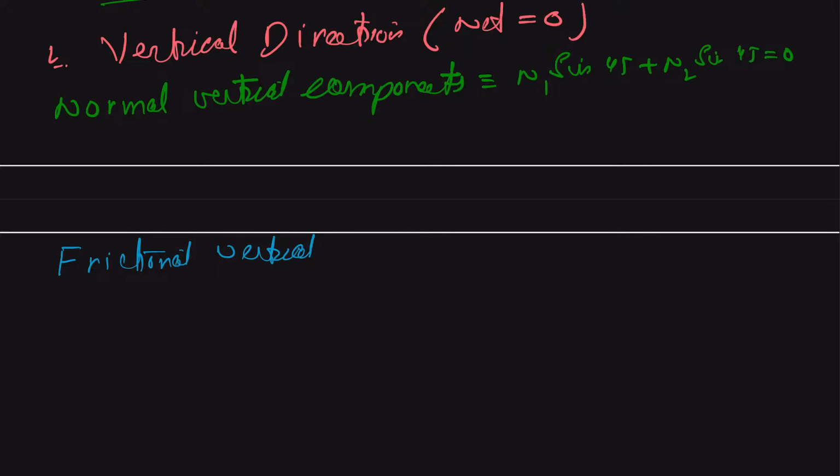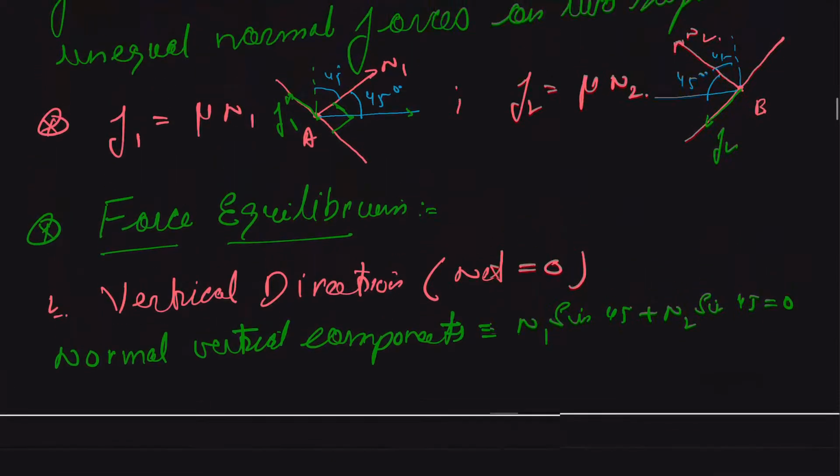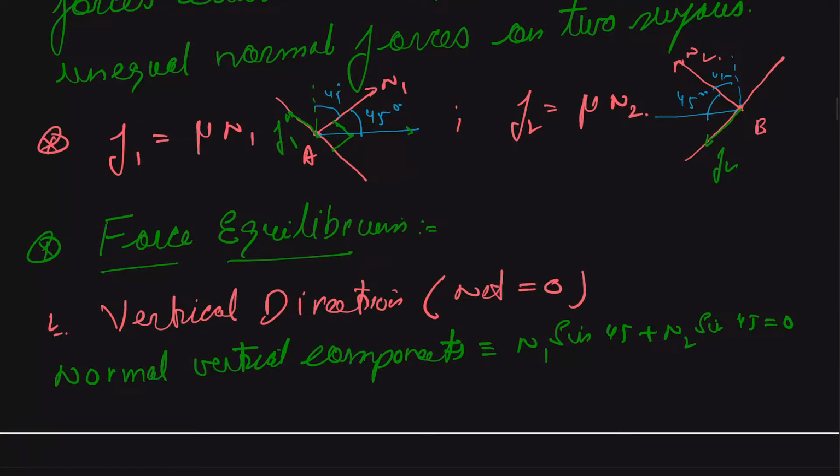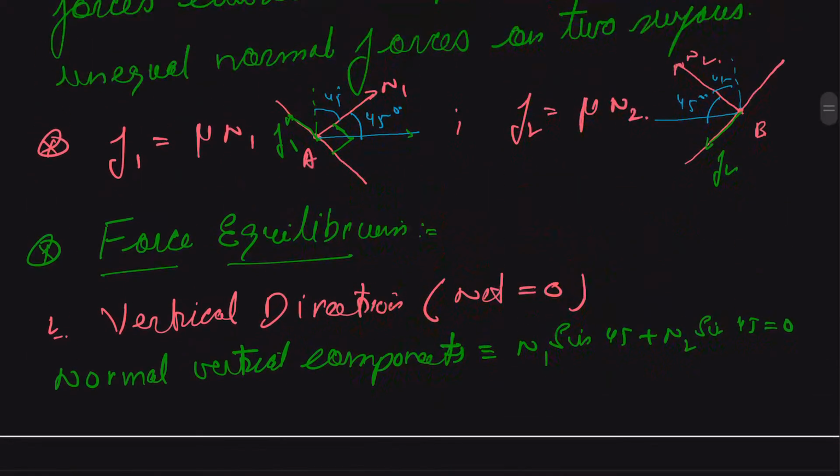Vertical components and frictional vertical components. One will be, let me draw it here. This is our F1.